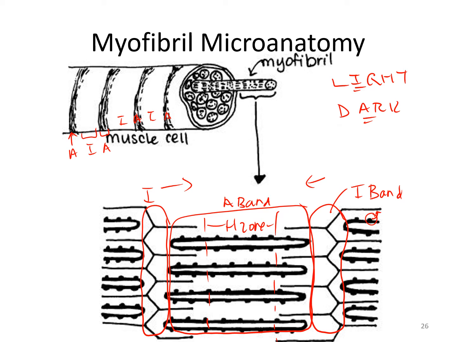One more thing, let's label sarcomere, which is a distance between the Z-lines. Okay, Z-line to Z-line is known as your sarcomere. So let's review. I-bands include thin filaments, Z-lines, no thick filaments. H-zone is inside of an A-band.